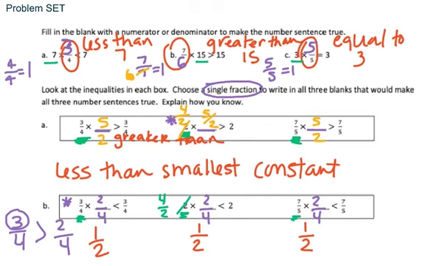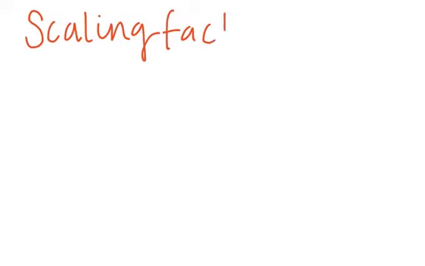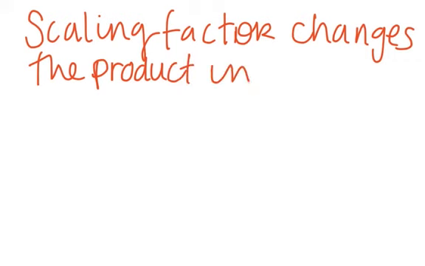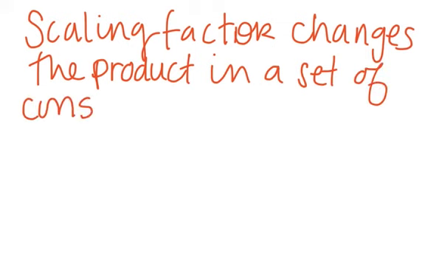So again, what we're doing is we're looking at a pattern and we're looking at how the scaling factor influences the product. So to end this lesson, we're looking at a scaling factor and the fact that it changes the product in a set of constant factors.